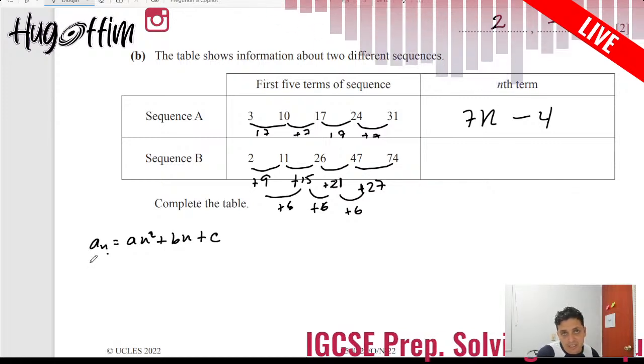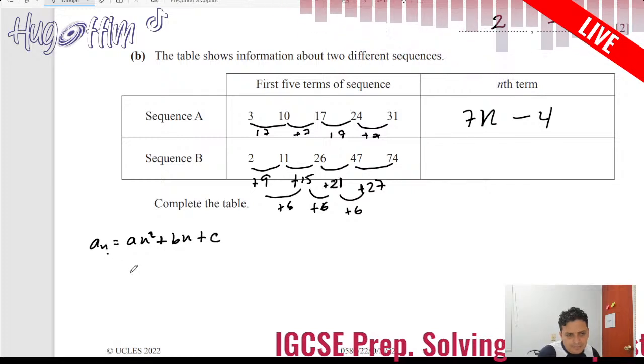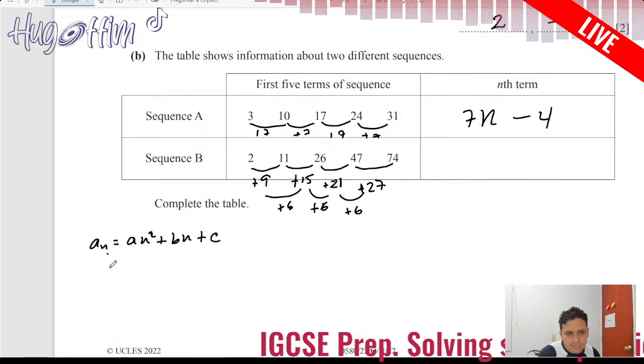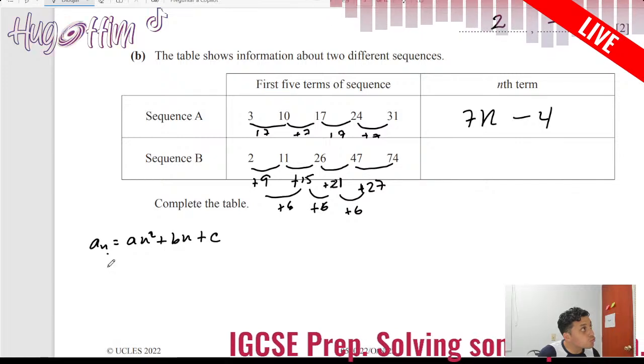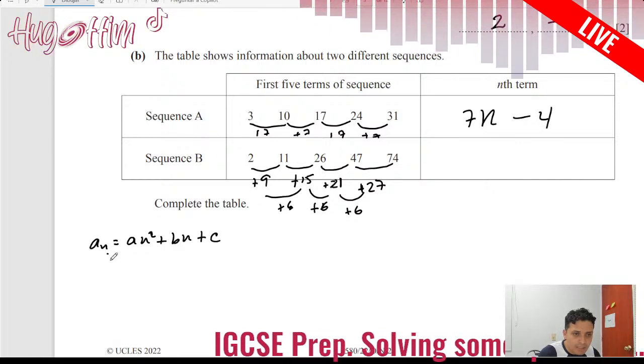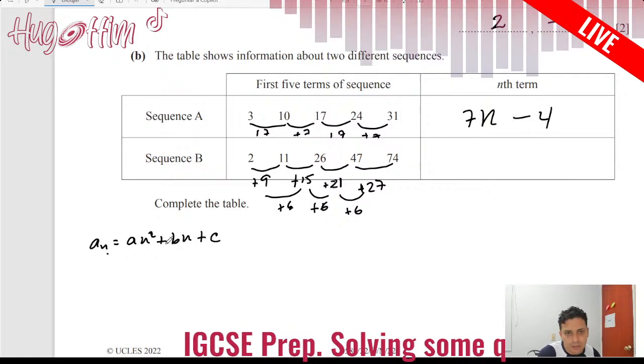You should memorize the second difference. As I don't remember, I'm just going to solve a system of 3 equations.